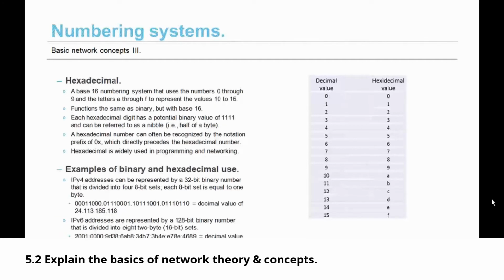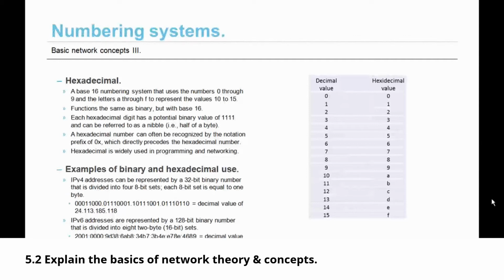Now let's talk about hexadecimal. Hexadecimal is a base 16 numbering system that uses the numbers 0 through 9, and then it uses the letters A through F to represent the values 10 through 15. It functions in the same manner as binary, but with base 16.